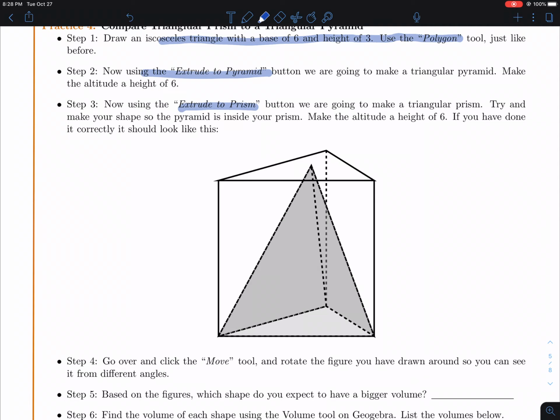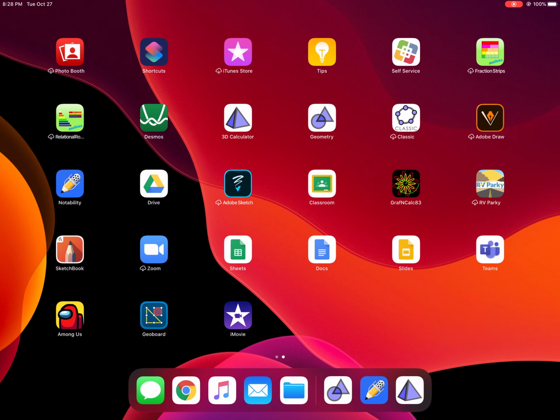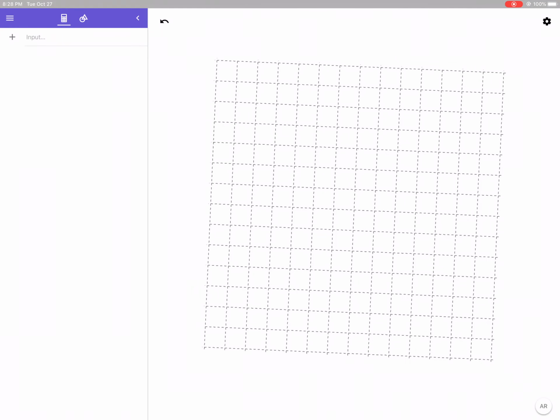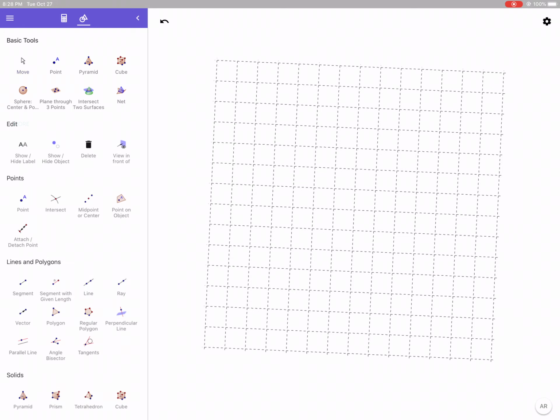Let me show you, just to get you on the right start here and make sure we're on the right track. So it's the 3D calculator. Click this button so all the tools open up to us, and if you hit more, there are a lot of different mores there. Notice there is a pyramid button, but I'm not using that because it's complicated to get it the size you want.